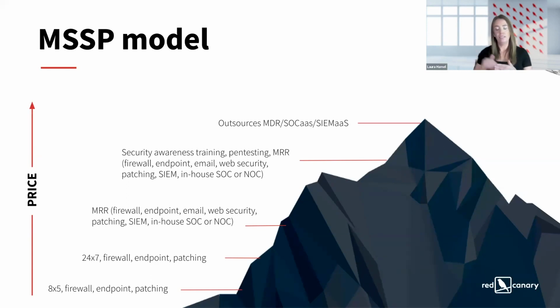So really, as you continue your journey with an MSSP, you can get more and more coverage, you can get more and more security solutions, and that can really help you as you're building out your security operations platform. But you do want to make sure that when you engage with an MSSP, you're not taking for granted that everything is going to be covered right from the get-go.